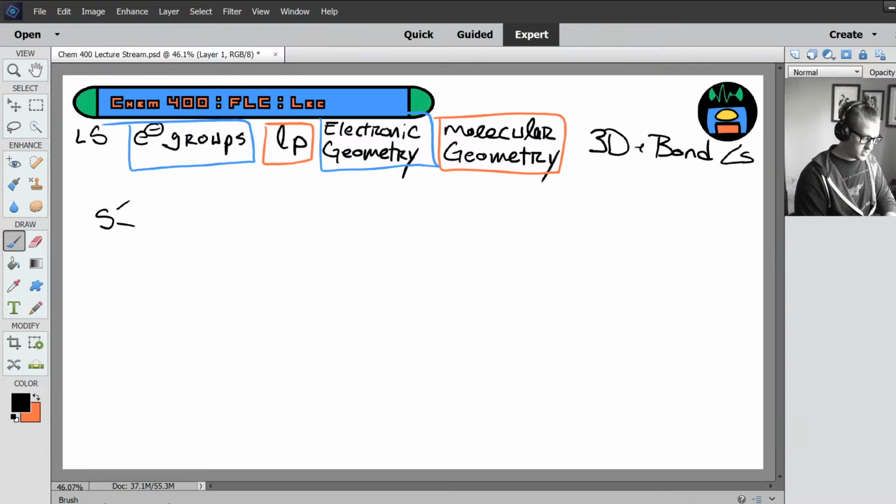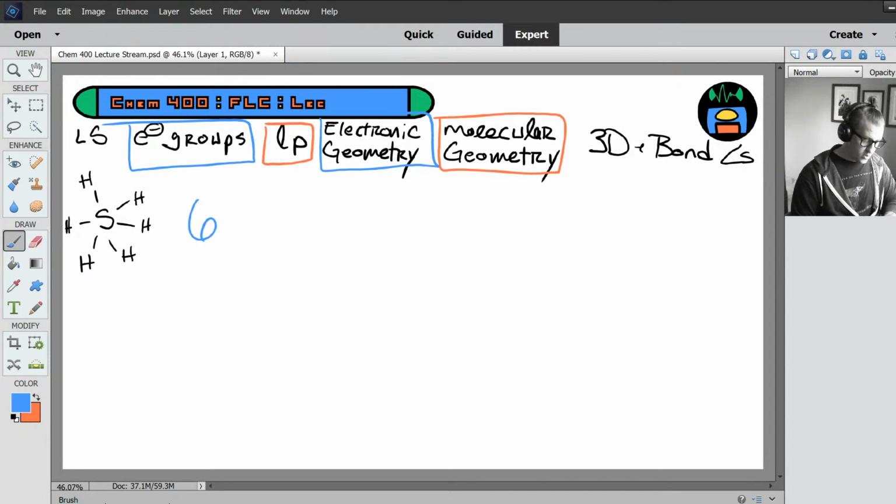We'll look at SH6, which looks like so. It's a sulfur that's hypervalent. It's violated the octet rule, but sulfur is allowed to because it's in the third period, so it can have more than 8 electrons around it. And here it has 6 hydrogens, no lone pairs. So our number of electron groups in play, we have 6.